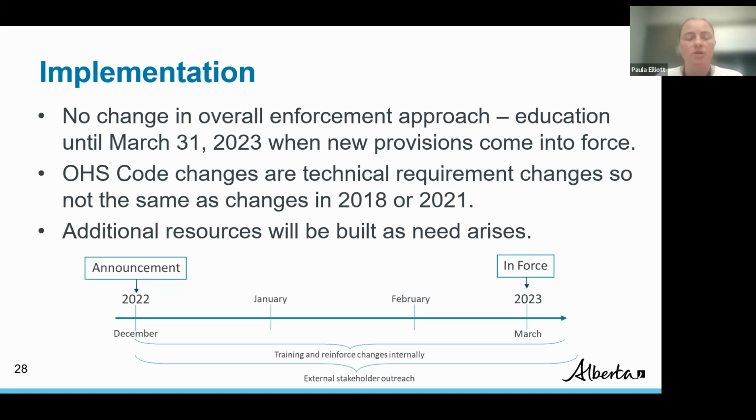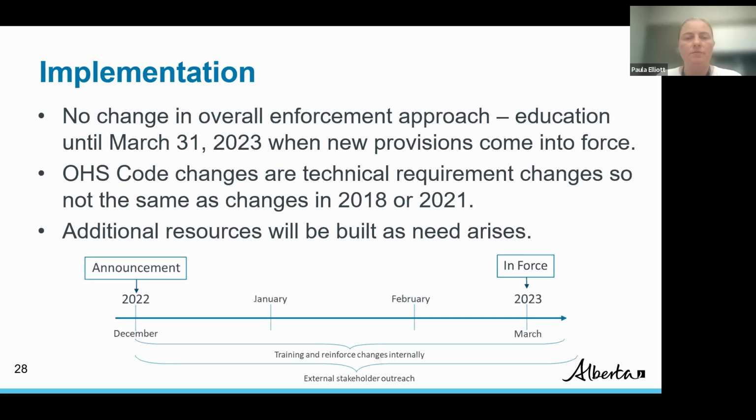These changes, as I mentioned on the types of changes, they're technical requirement changes. So it's not the same as the changes that happened in 2018 or 2021 when there were changes to the OHS Act that actually changed things from prescriptive-based legislation to a performance-based legislation, or the introduction of the internal responsibility system.